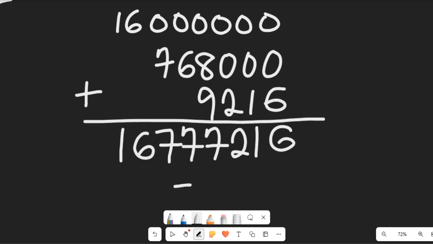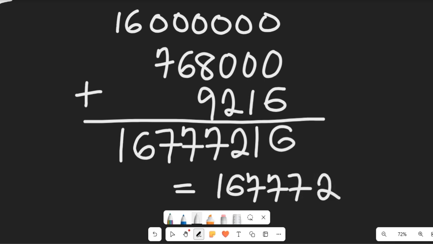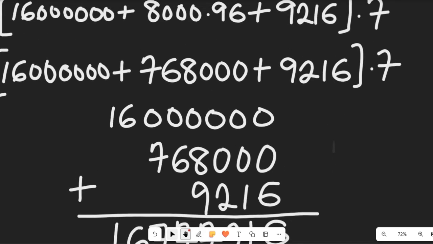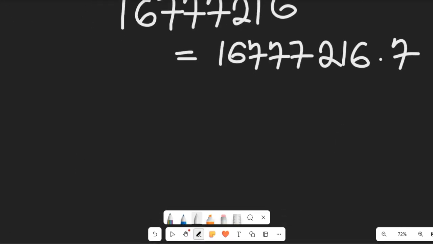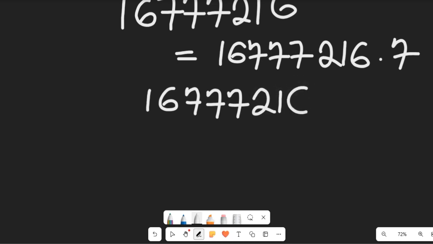So our result is 1, 6, 7, 7, 7, 2, 1, 6, multiplying 7, because we have all these multiplying 7. So we're going to multiply finally 16,777,216 by 7.